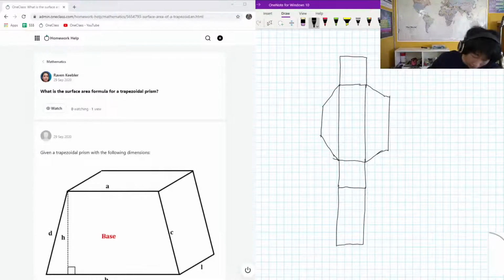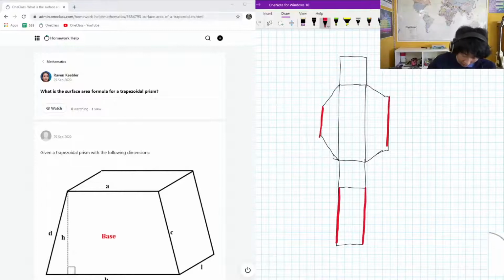Okay, so maybe I'll do some color coding on the sides here. You see this red length here, and this red length. I know they don't look like they're to scale, but just keep in mind that they've got to be the same. So these red lengths are the same. These green lengths are hopefully fairly clear that they're going to be the same.